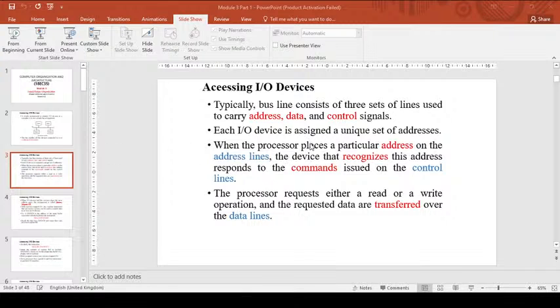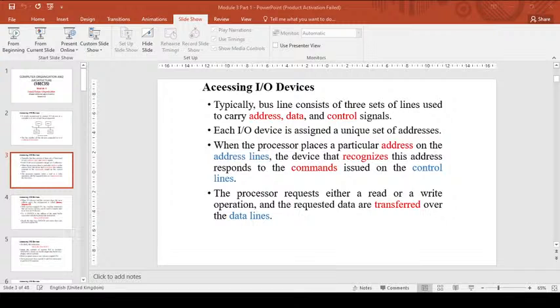That is IO read. So the processor can only read from the input device. If the processor wants to write something into an IO device, that means an output device, the processor can write into the output device, and the processor can read from the input device. In common we call them input output devices, IO devices.